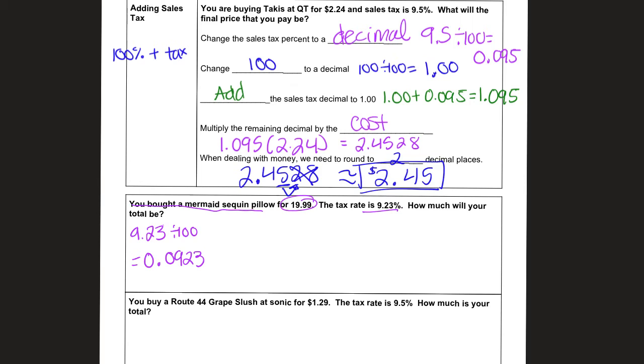So then I'm going to add that number to 1. Which is 1.0923. Then I take my remaining decimal times the cost.